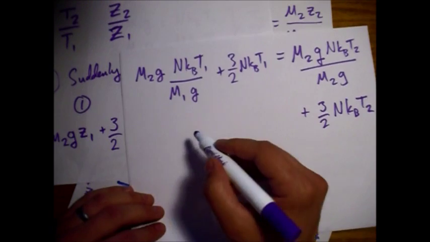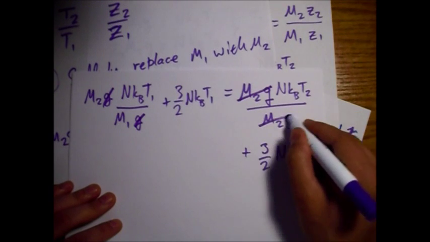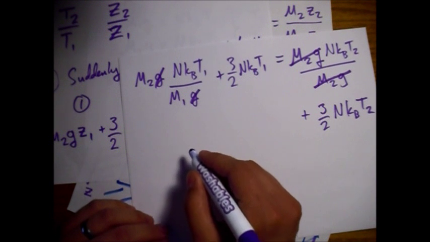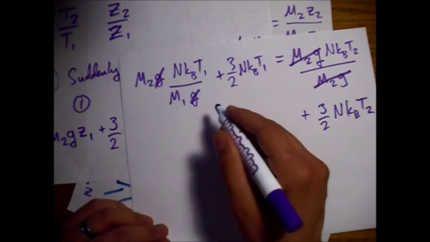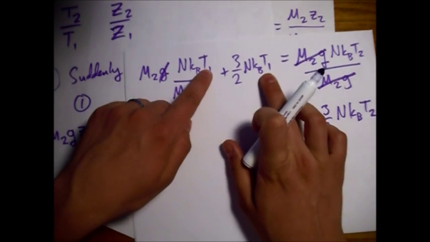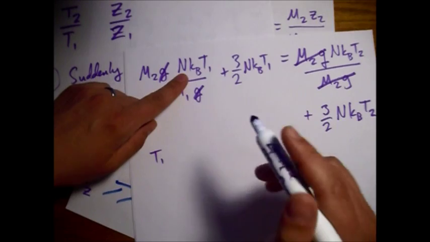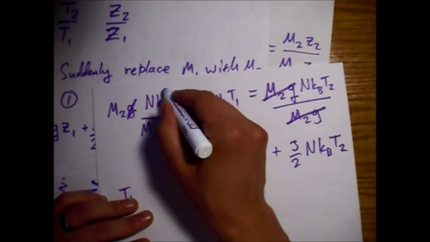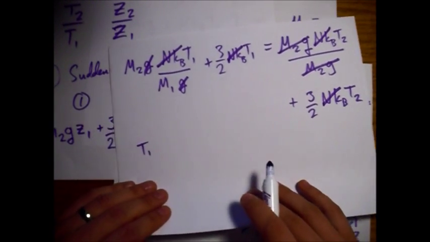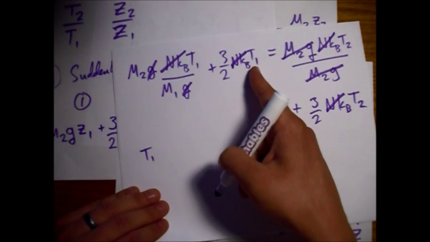We can divide out this G, and we can divide out M2G here. We need to factor out a T1. We also have an NkB that can be factored out, so let's just divide by NkB in all four terms. We factor out our T1 here and here.